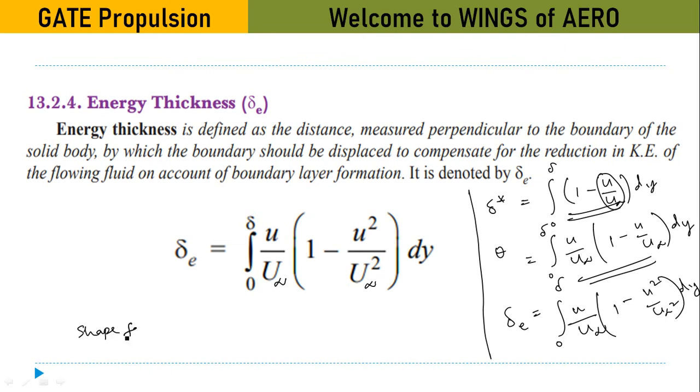So if they ask you the shape factor, first you need to find out these and then substitute. Now we will see how to solve these different types of problems. So first let me solve the first one and then we'll proceed to the next. Let me read the question. The velocity distribution in the boundary layer is given by u by u infinity.